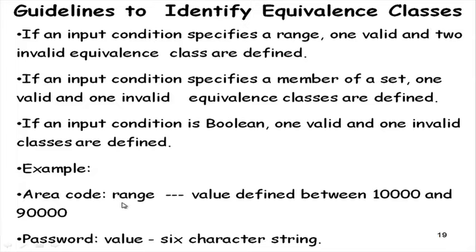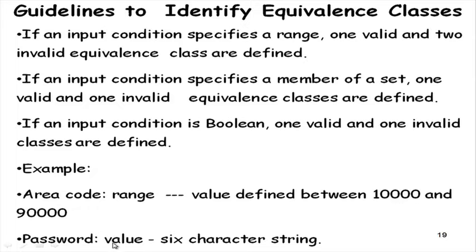For example, let us say the area code for a telephone number is a value between 10,000 and 90,000. What will be the equivalence classes? There will be three equivalence classes: two invalid, less than 10,000 and more than 90,000, and a valid equivalence class between 10,000 and 90,000.